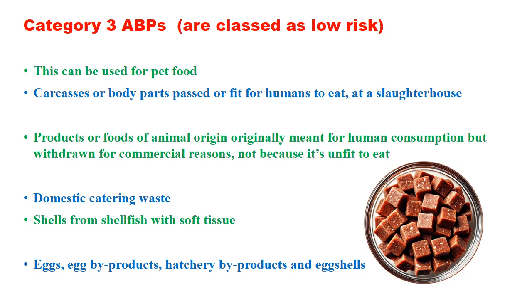Similarly, domestic catering waste or shells from shellfish with soft tissues, whenever shellfish is processed, the shells can be processed into byproducts and used in pet foods. Then eggs, egg byproducts, hatchery byproducts and egg shells, all these can be processed as byproducts and used in pet food.